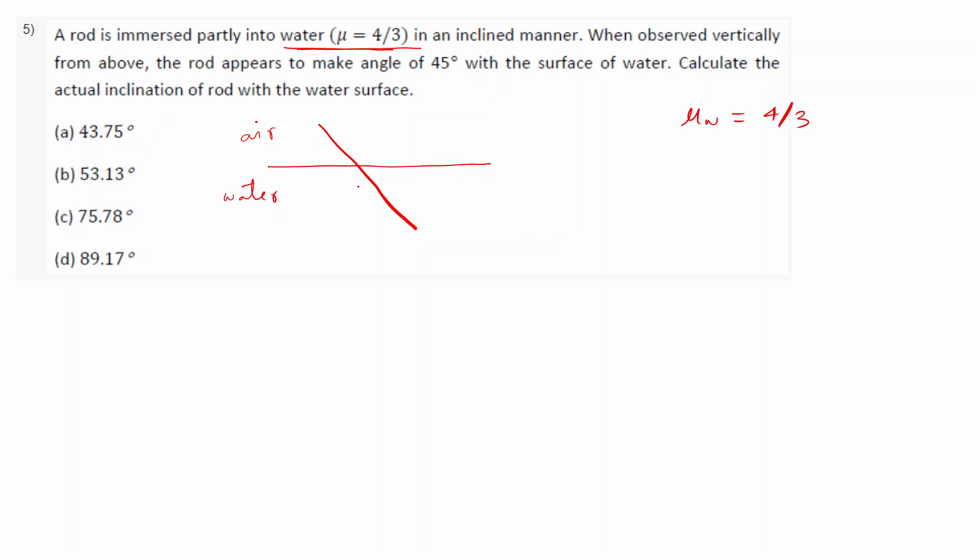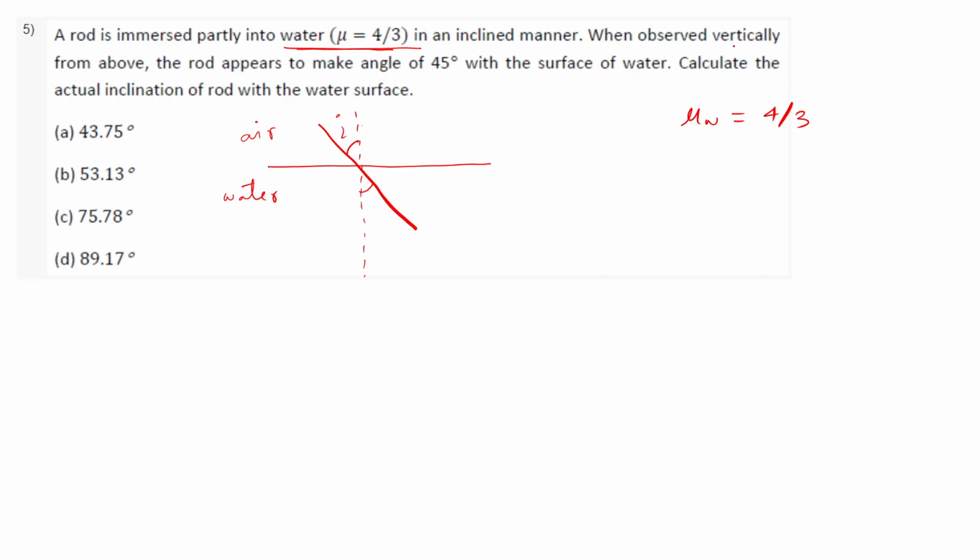And this is in an inclined manner. Now if I make a normal here, this is the angle of incidence. Let's see what this will be.